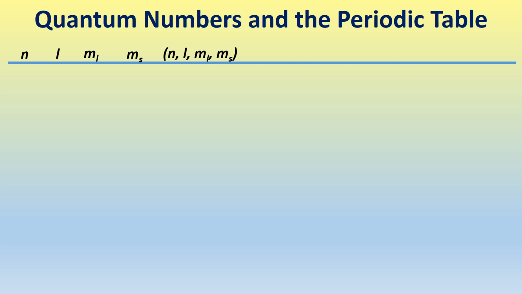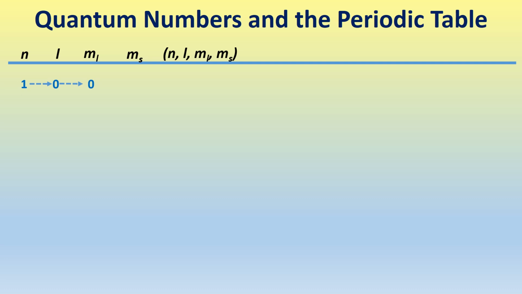If you look at a set of quantum numbers in detail, the lowest possible value you can have for n is 1. L can have any value from 0 to n-1, which leaves you with a value of 0. M sub L, depending on L, from negative 0 to positive 0, again, is only 0.